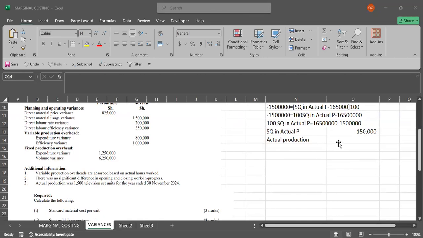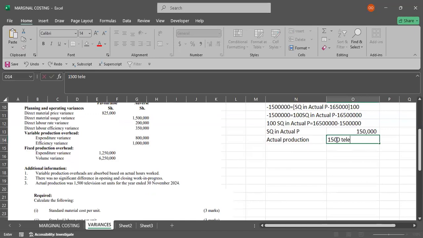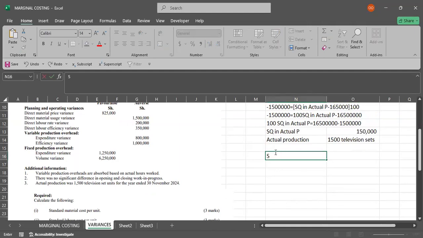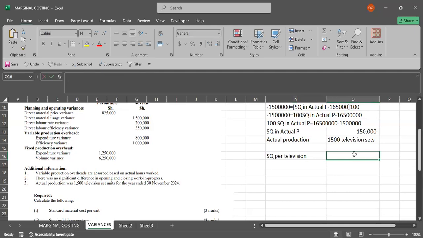So we have 1,500 television sets. Good. Now, can we get standard quantity per television set? It will be standard quantity in actual production divided by the units produced, that is 1,500.